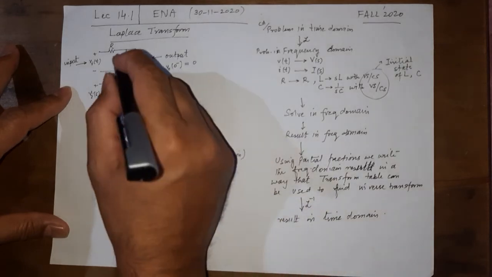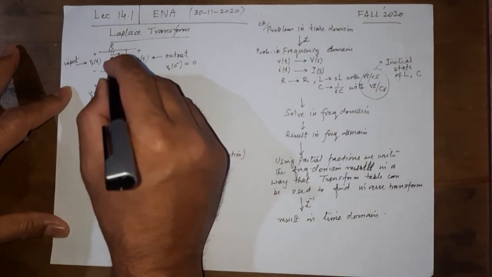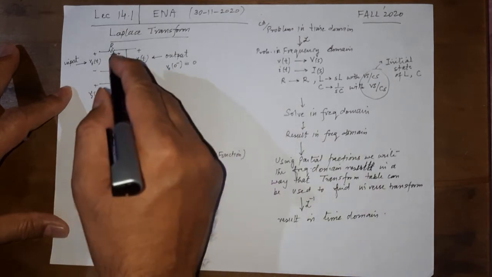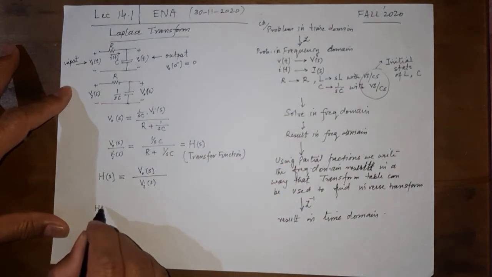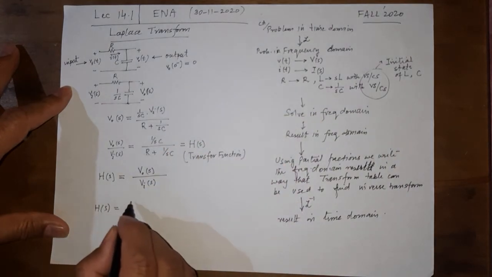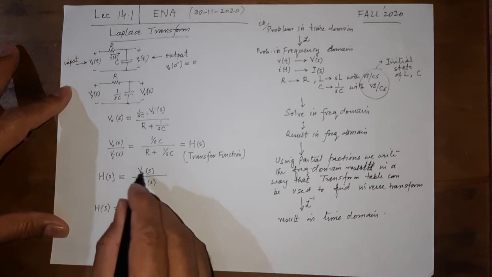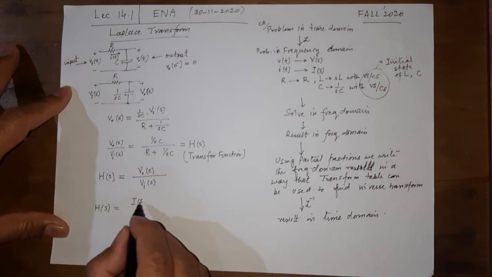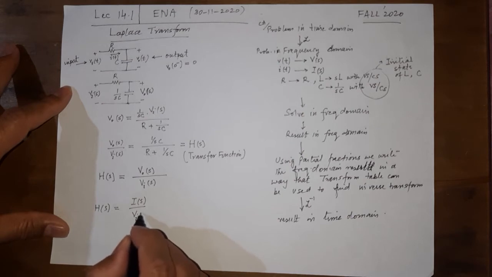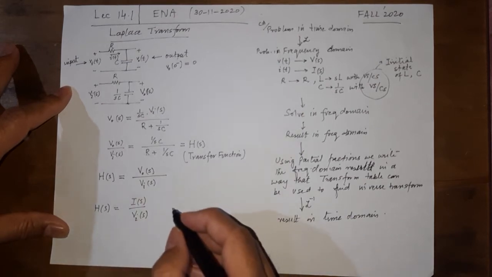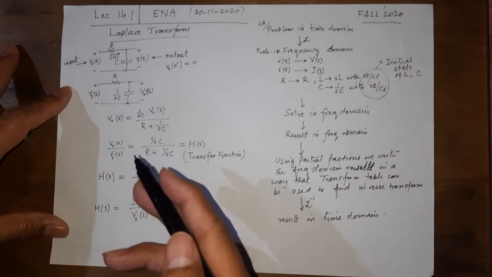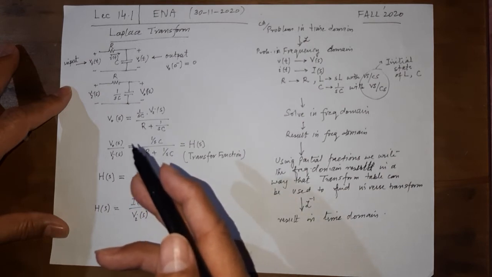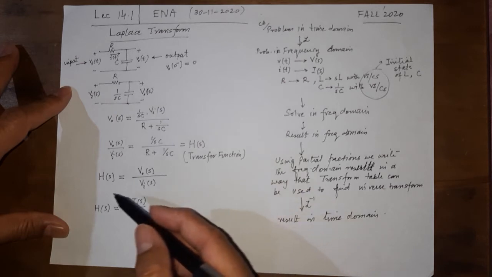For example, if in the same circuit we are interested in finding this I(t), so I(t) would be our output, then the transfer function in this case would be the output in the numerator and the input in the denominator. So for the same circuit, nothing has changed except that we have taken the output to be a different thing, and we get a different transfer function.